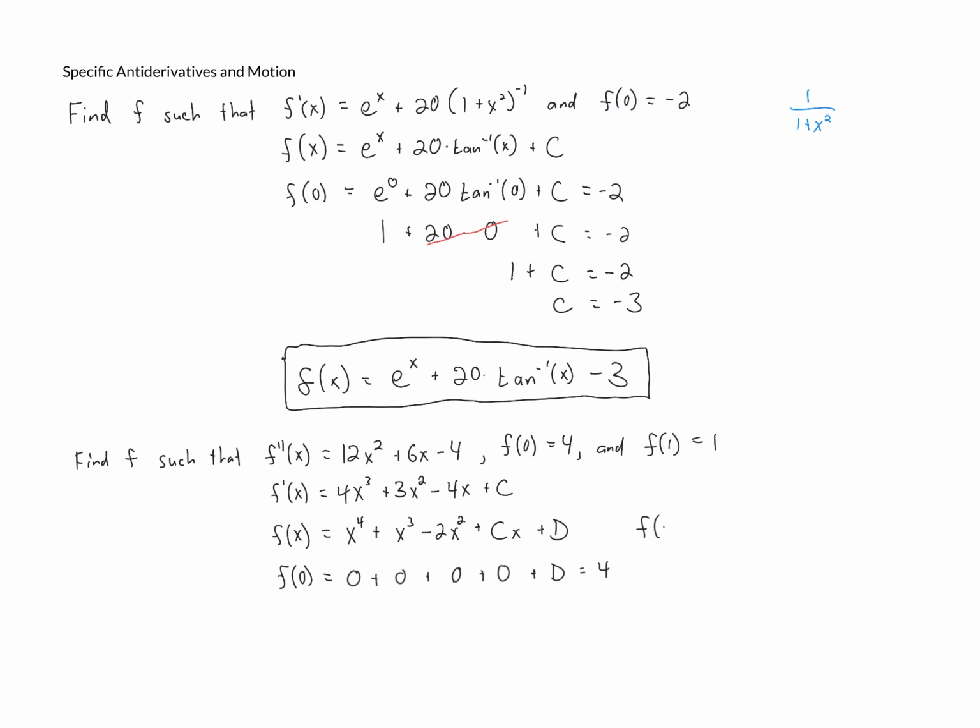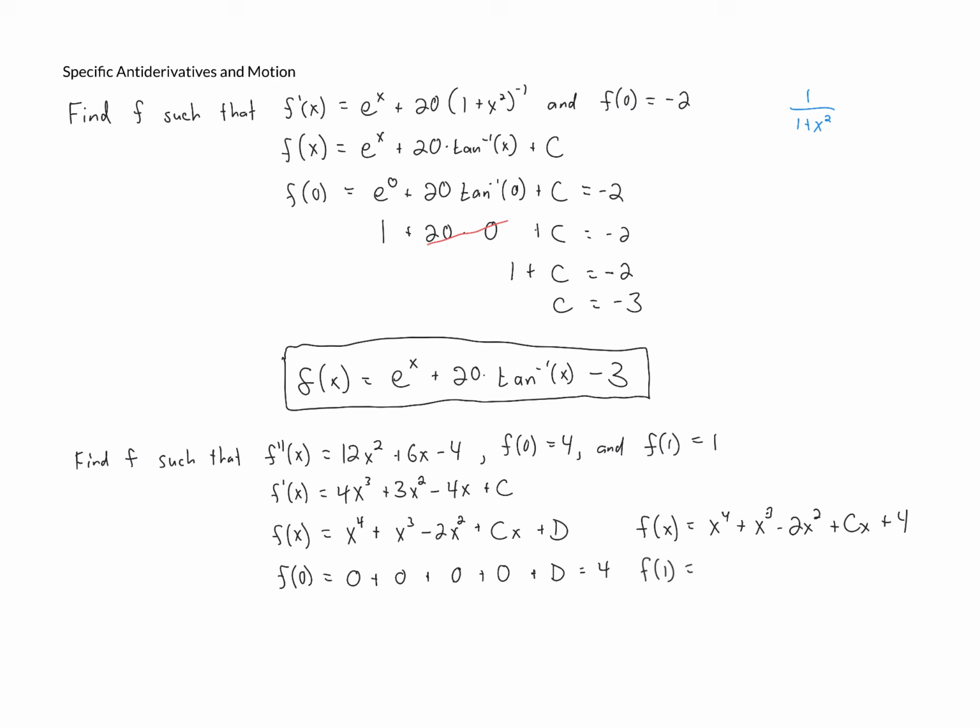So really we can say f of x equals x to the 4th plus x cubed minus 2x squared plus cx plus 4. And then here we can use that other restriction, f of 1 is equal to 1.